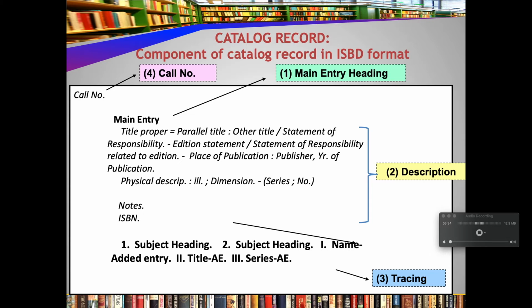Number 2, description, which consists of title proper, other title, or statement of responsibility, followed by edition statement if any, statement of responsibility if the book is part of the edition or related to the edition, and then place of publication, the publisher, year of publication, and there's also physical description which includes illustrations if any, dimensions, and series, the number of series, and then notes area and ISBN.